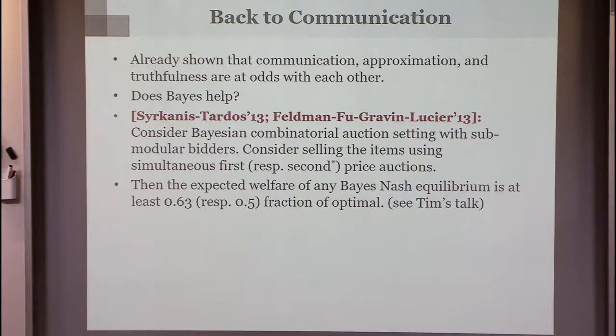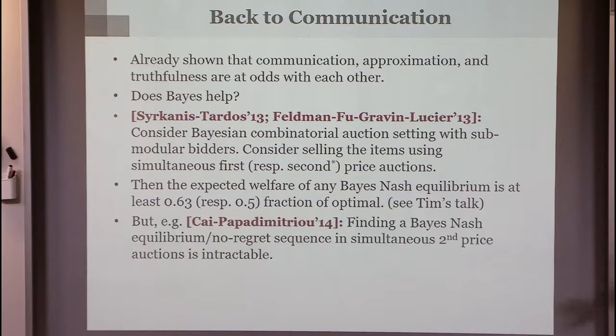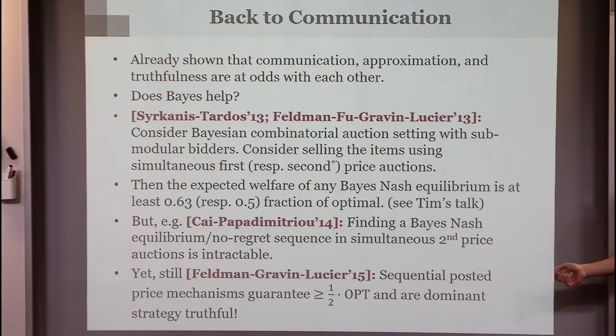Of course, the world is not exactly as good as it looks because there are computational lower bounds saying that the Bayes-Nash is good, but it's actually hard to find in some settings. Nevertheless, and this is another very nice result in this area, there are ways to go around it.